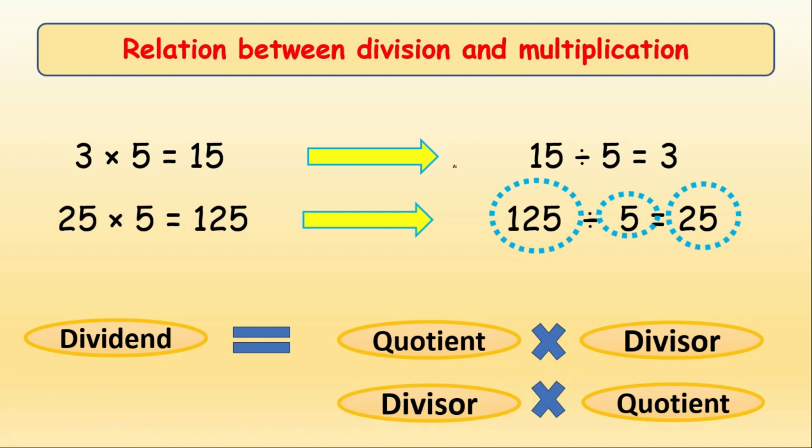So 125 as a dividend equals 5 times 25 or 25 times 5. That means you can change a multiplication to a division operation, or the inverse, division to multiplication.